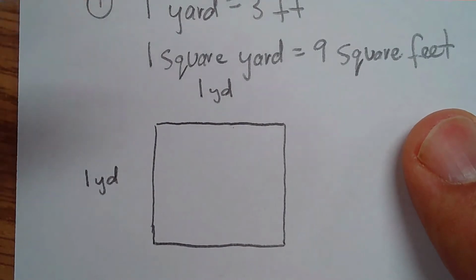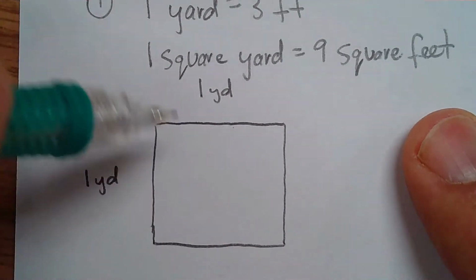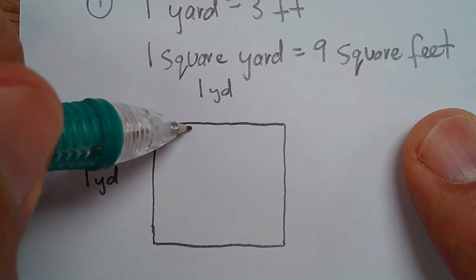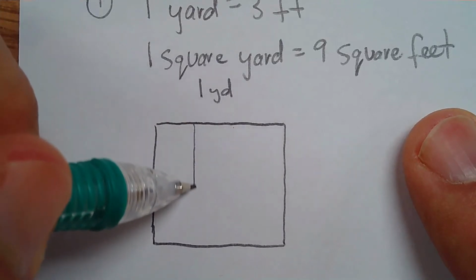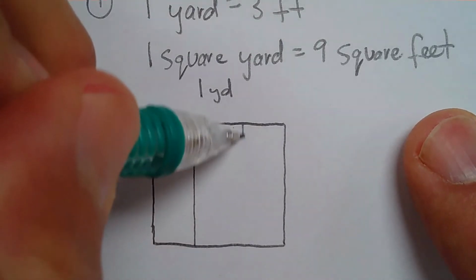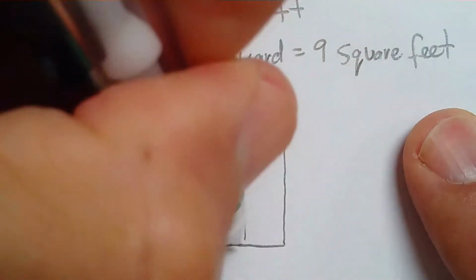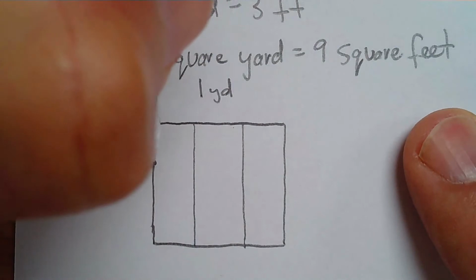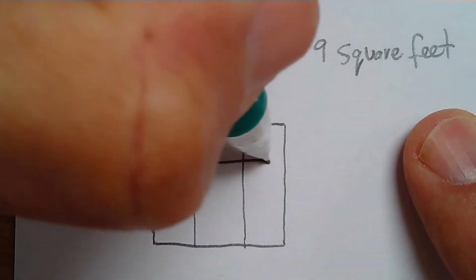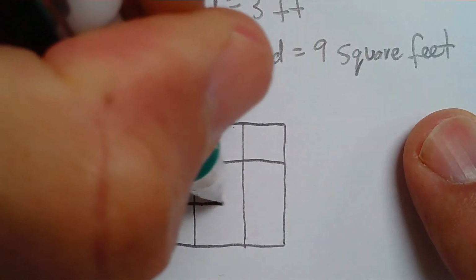This would be 1 square yard. And if 1 yard is 3 feet, then I divide this into three, hopefully kind of three equal spots, but you can use your imagination, and then I divide this into three equal parts.